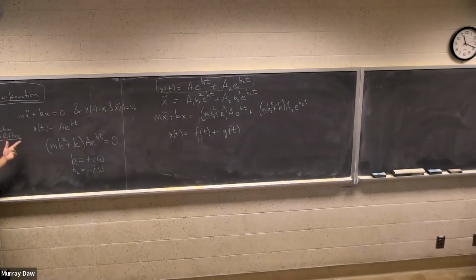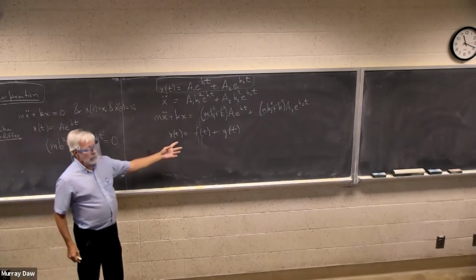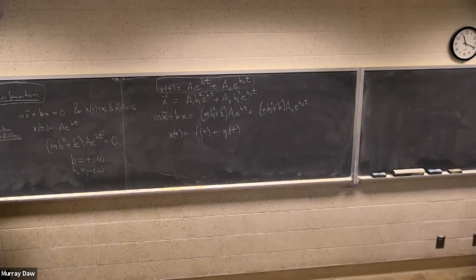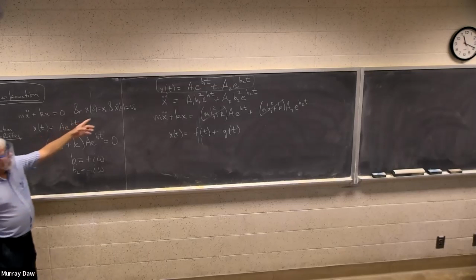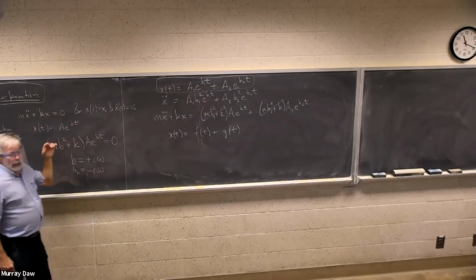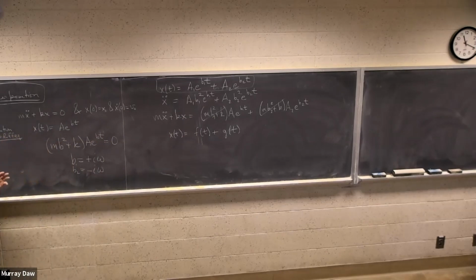Or if f of t is a solution, then 2f of t is a solution. 3f of t is a solution. So I can multiply any solution by a number and also come up with a solution. Okay, so far I haven't said anything about A1 and A2. And I still haven't resolved this problem about creating a real function here.